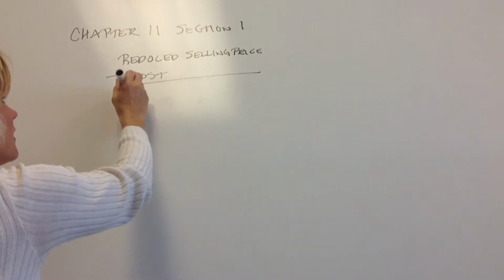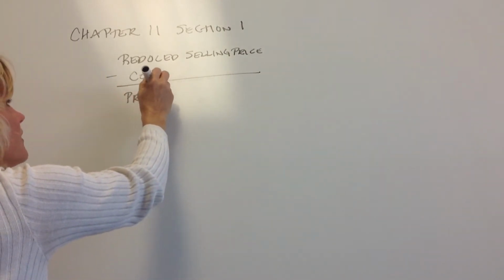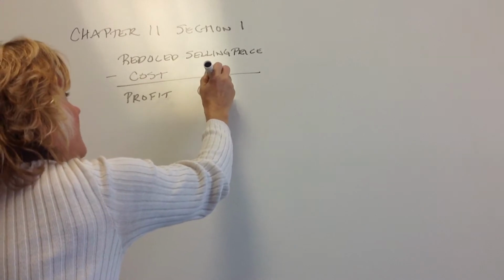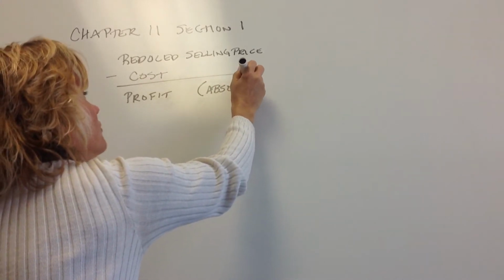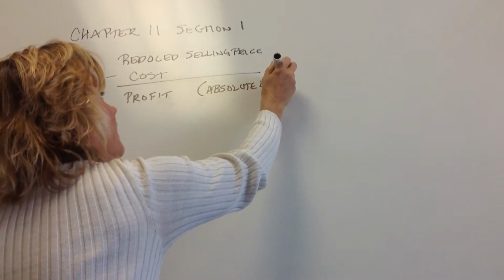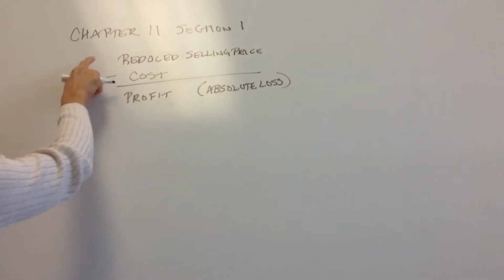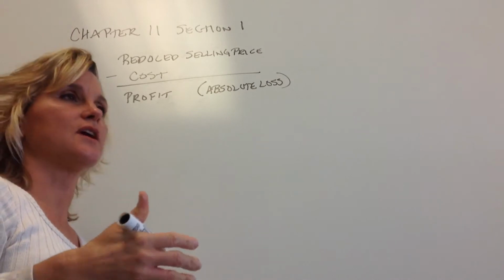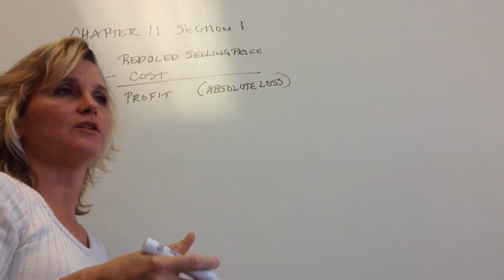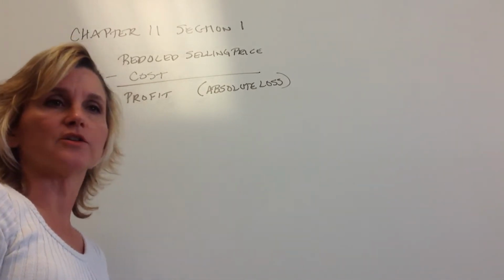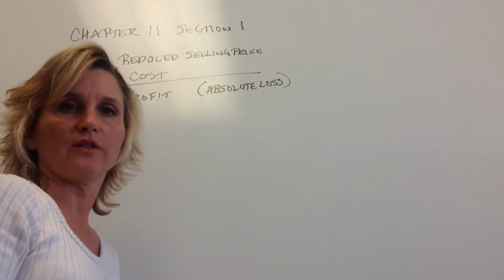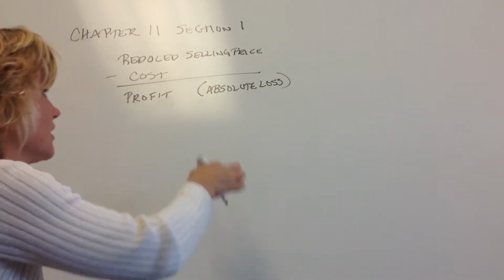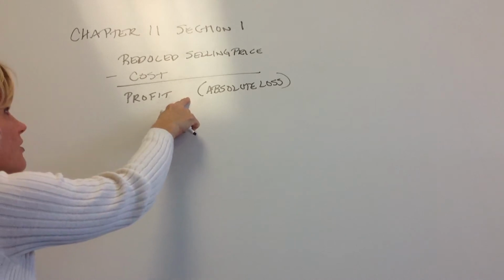And that is either going to give us profit if it's positive, or if it's negative, it's what they call an absolute loss. So what that is saying is that if our reduced selling price is not even covering our cost, we're losing money. So say we're a retailer and we bought a sweater for $10 and we end up having to sell it on the clearance rack for $6. Well, then we just lost $4 on the sale of that.